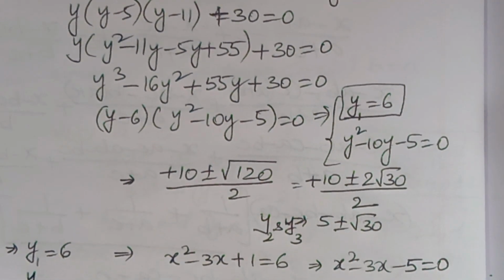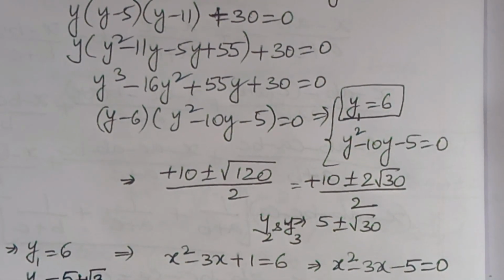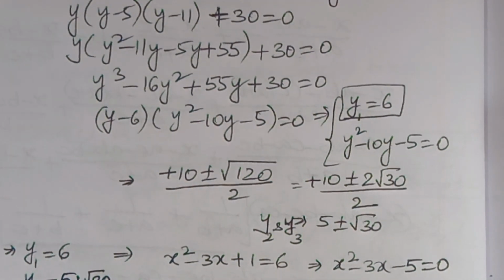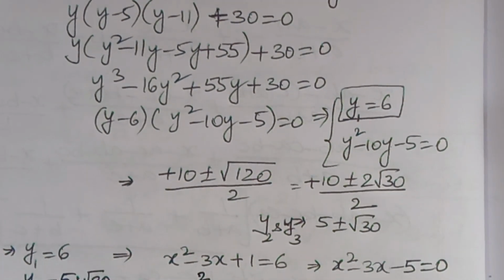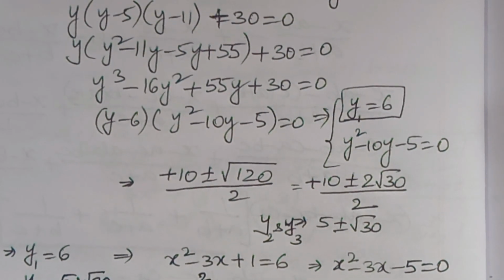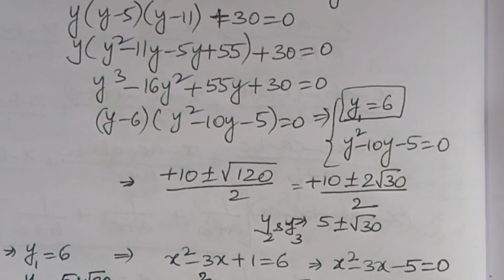If you take the y2 value 5 + root 30, then you'll get x² − 3x − 4 − root 30 = 0.